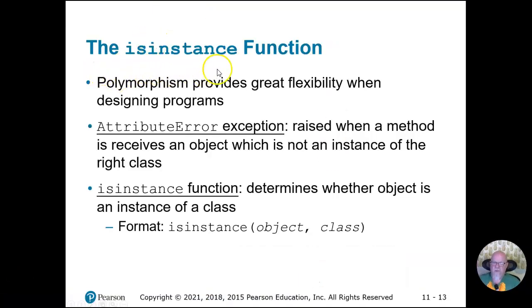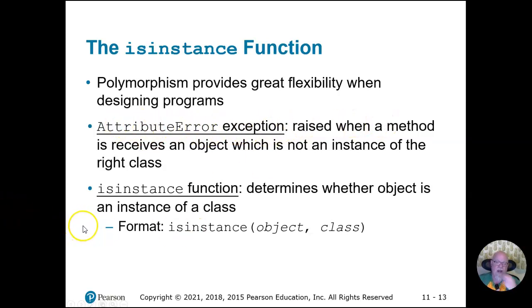Polymorphism provides great flexibility when designing programs, just as we saw. We don't have to use the same guts of a method that is in the superclass. We can change the guts of that method to something else. We have to keep the method name the same, though. If we try to pass in something to a particular method that doesn't have the same attributes, we will get an attribute error exception.